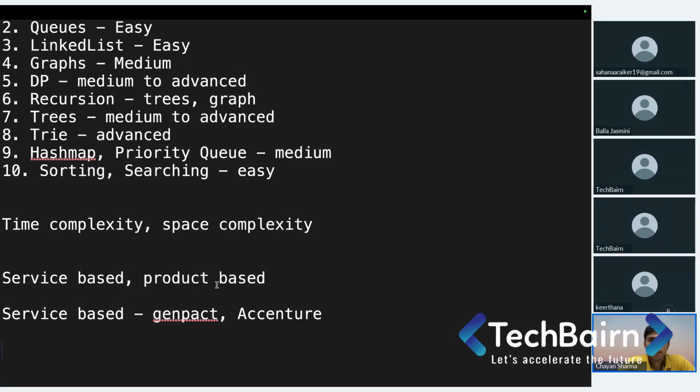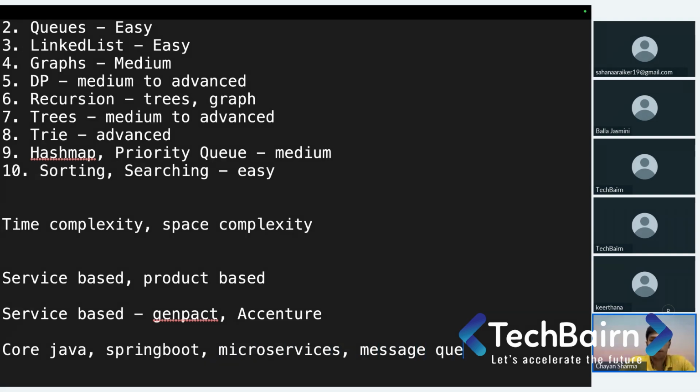There DSA will be used, your concepts will be used, but there you need to know, apart from DSA, your core Java. This is very trending these days. Core Java, Spring Boot, your microservices, messaging queues, any queue, Kafka or RabbitMQ.